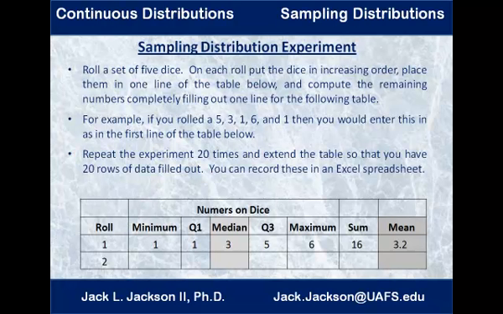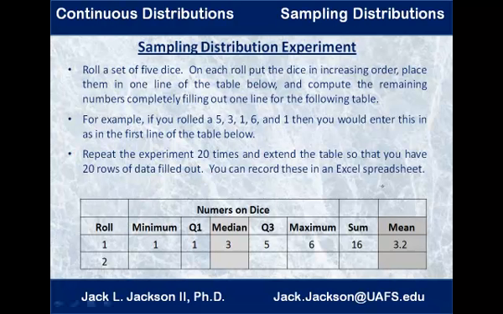So that means you're going to be rolling a set of 5 dice 20 times. So there'll be actually 100 different dice rolls eventually, or the same dice rolled many times. But you're going to have 20 sets of 5 data, 20 lines here, and figure out, of course, the median and the mean there. So start by just getting this data.